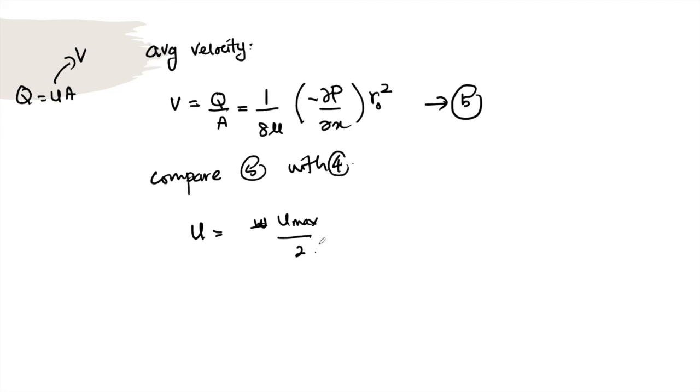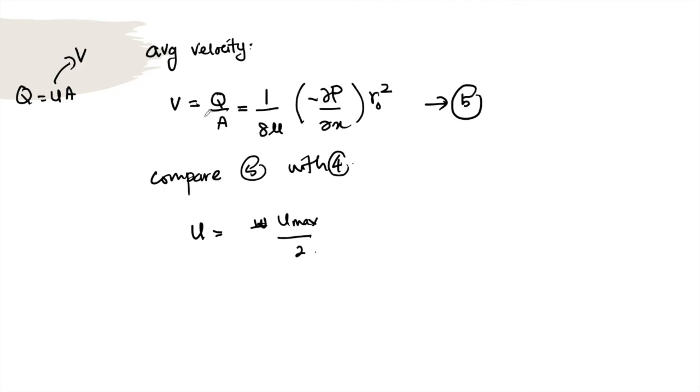Now equation 5 can be rearranged. We want to change the delta p over del x into p over x. So we have to rearrange the equation.